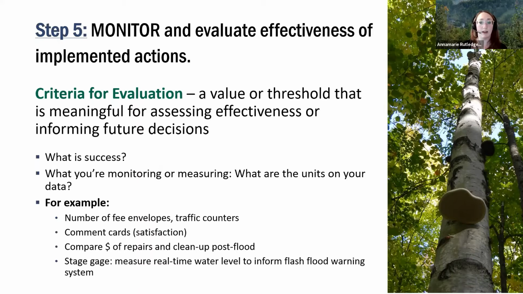And they will implement a measuring system that will measure real-time water levels to inform their enhanced flash flood warning system as well. And in this example, the team didn't identify really specific measurements, but for example, you could aim to increase visitor satisfaction by 20%, or you could aim to reduce the cost of repairs and cleanup by X number of dollars.